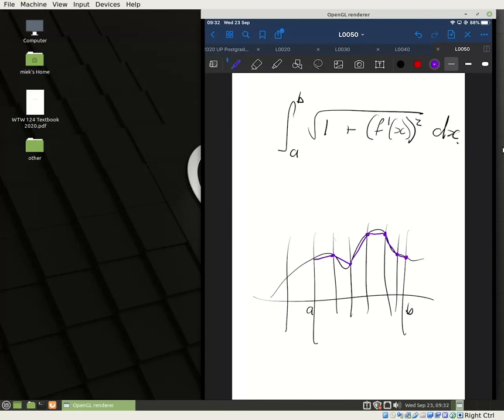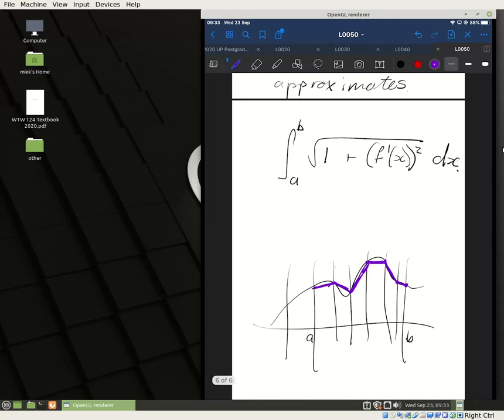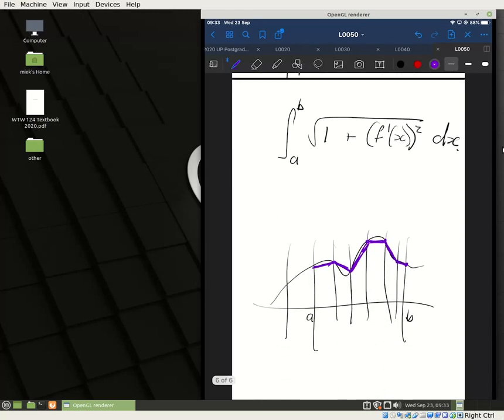If we add up the length of each one of these straight line segments, which we know how to work out, what we end up with is a Riemann sum that approximates the integral that we defined our arc length with. If we subdivide our interval into even smaller sections, we get a better approximation for the curve, and then in the limit, that approximation will be equal to this integral, and that is the expression that we use to define arc length.